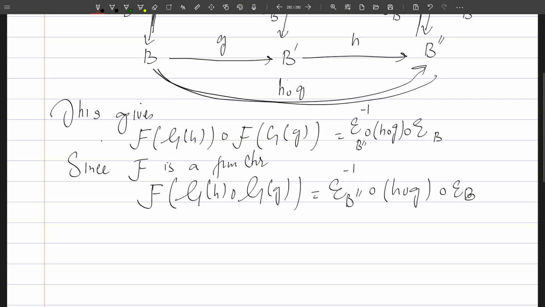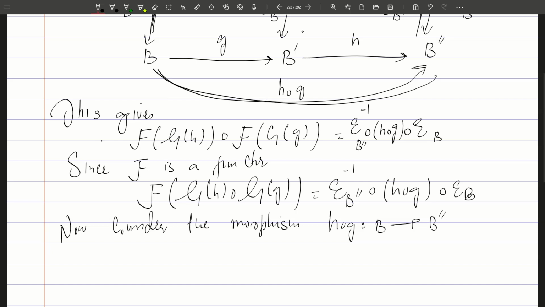Now let us consider the morphism h composite g from object B to B double prime.